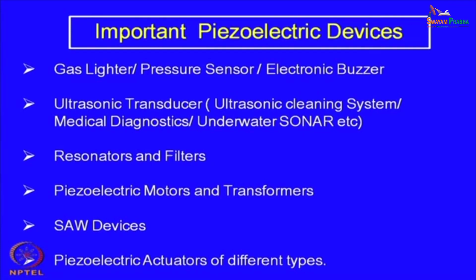Then you have electronic buzzers. Well, if you want to make an electronic sound electronically by applying an electric field, you vibrate a particular bimorph, and the frequencies can be varied by changing the dimension, the composition, or the design of the vibrators.